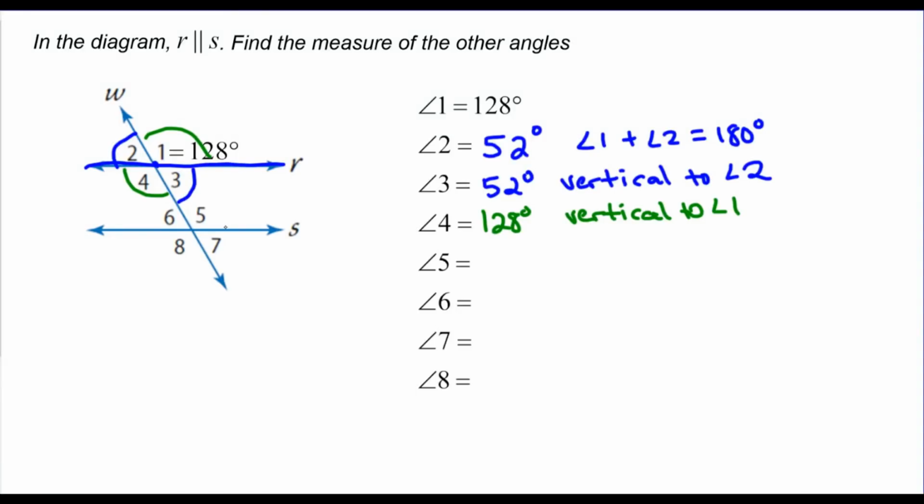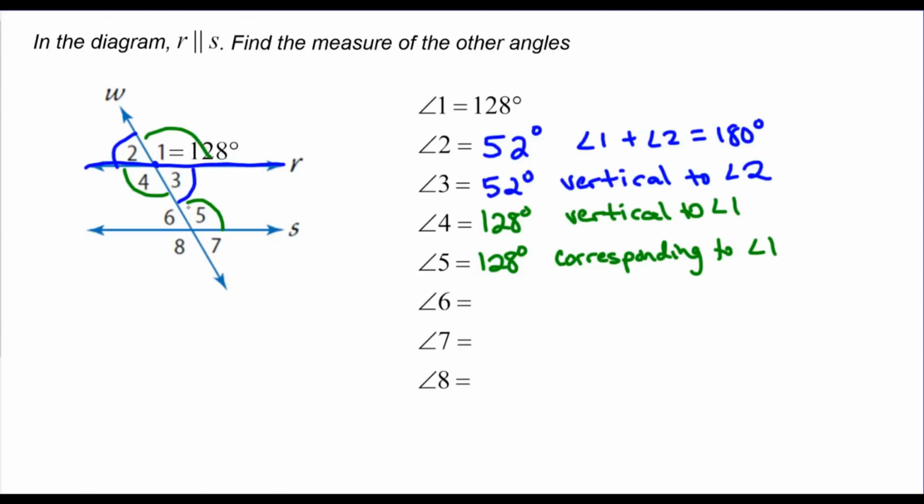So now angle 5. How do we figure out what angle 5 is? There are a lot of ways we can do this using the angle relationships I just talked about. Angle 1 and angle 5 are corresponding angles, so they have to be congruent. So angle 5 is also 128 degrees. It is corresponding to angle 1.